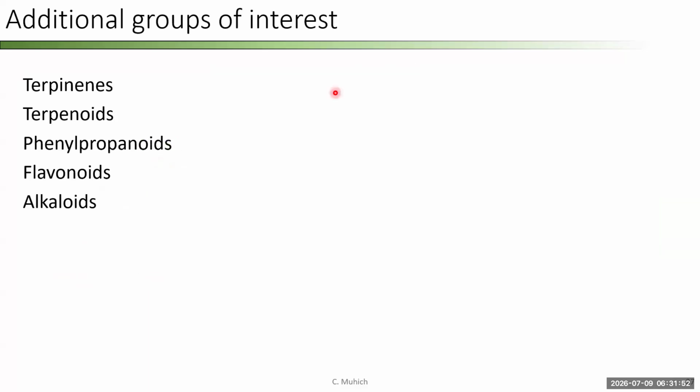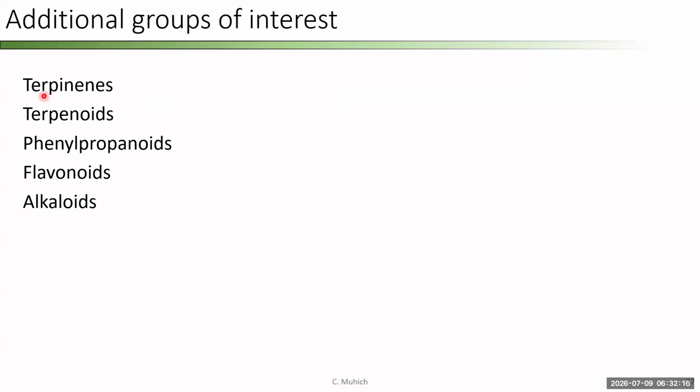All right, so that's going to cover our basic nomenclature of organic chemistry. I want to talk about some additional groups of materials which are important for us and how we think about extraction of fragrances and various compounds.